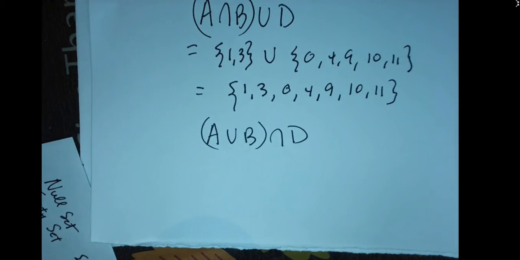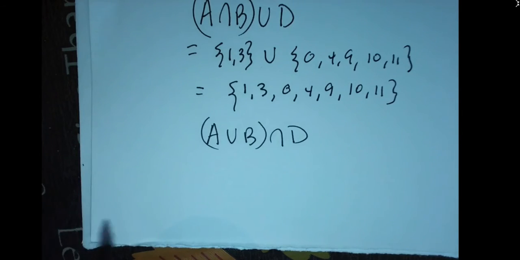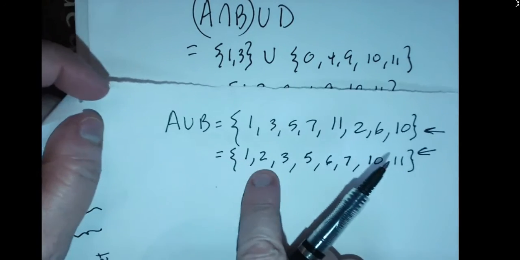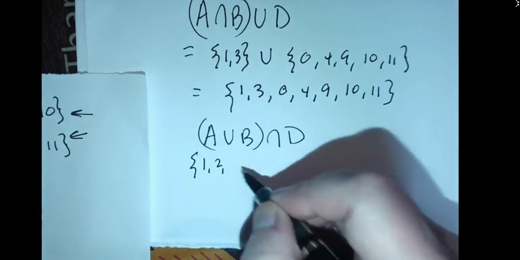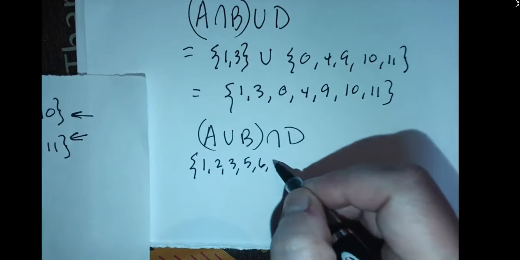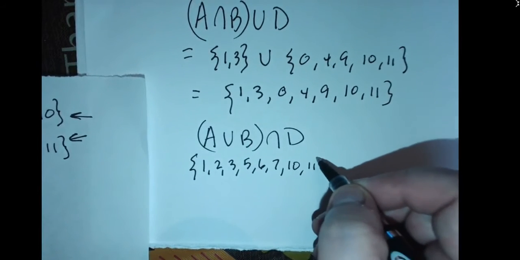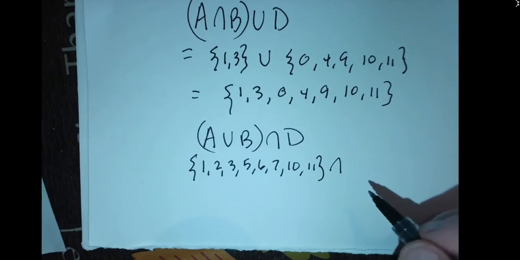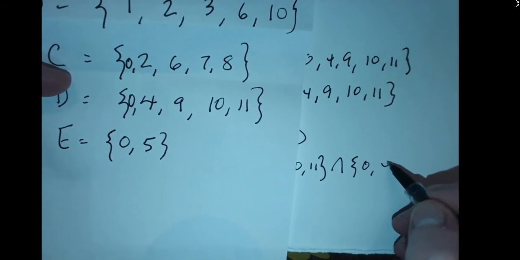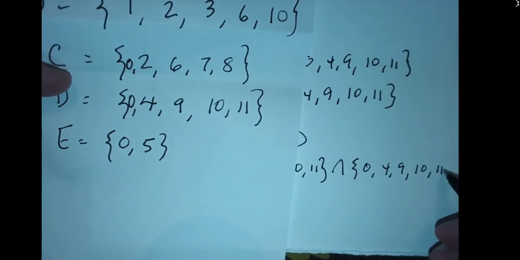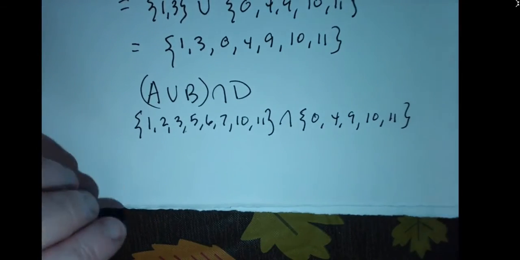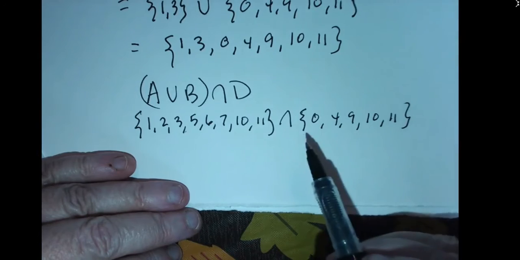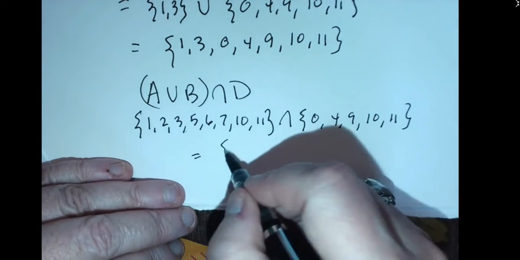We've already done A union B, so I'll write that down here, and then I want to intersect that with D. And D is this one. So I only want things that are in both. You can start with the smaller set and then just check what's in both.